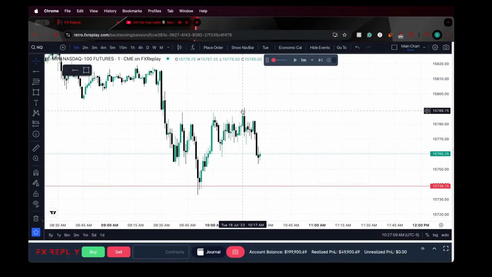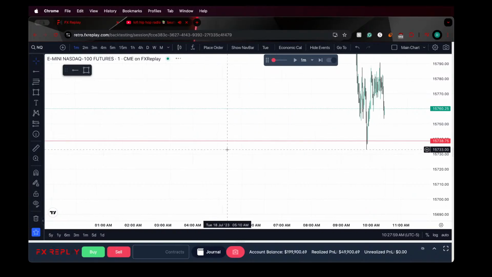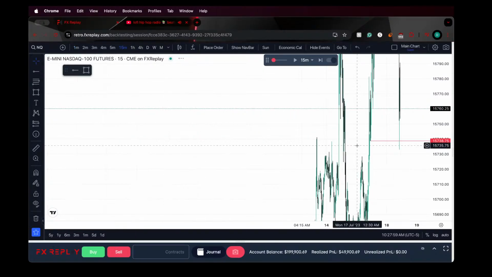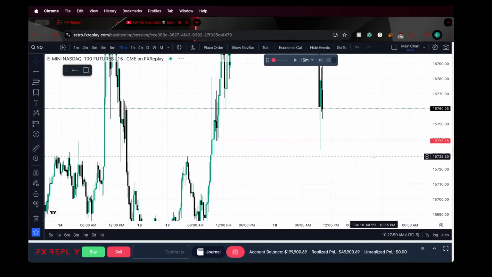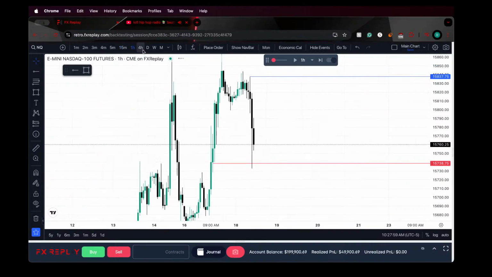Consolidation. We manipulated higher, moved lower. No equal highs. We swept this low though. We have this 1 minute. Honestly, looks good for shorts.